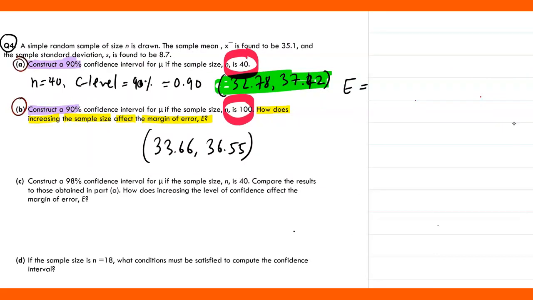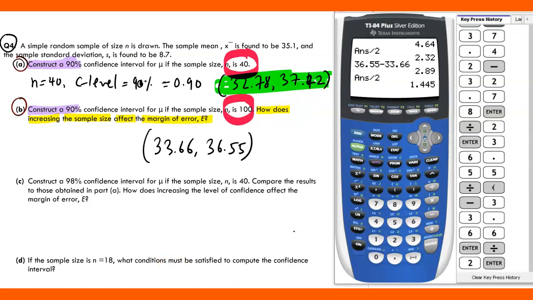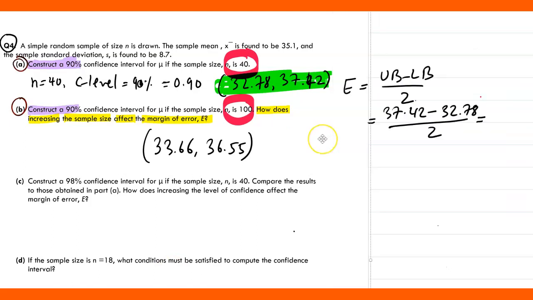The margin of error is the upper bound minus the lower bound, divided by 2. What's the upper bound? 37.42 minus 32.78, divided by 2. I did that on the calculator for you, and I get 2.32 for this margin of error.